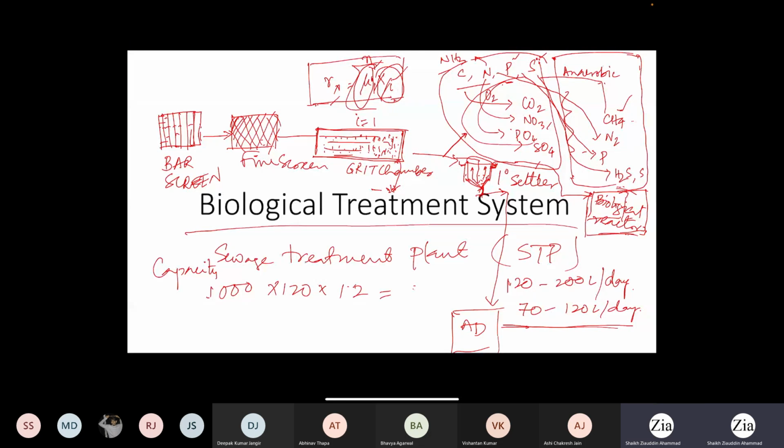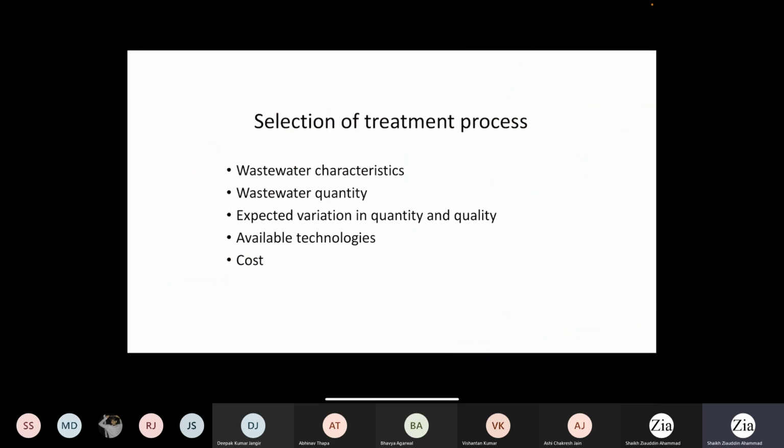Now we'll give a little bit of description of the biological treatment system, because you have multiple options. The upstream is common, but after the upstream, you have the option to choose different kinds of reactors based on your requirements. For selecting the biological treatment system, one of the important parameters is the characteristics of the wastewater.